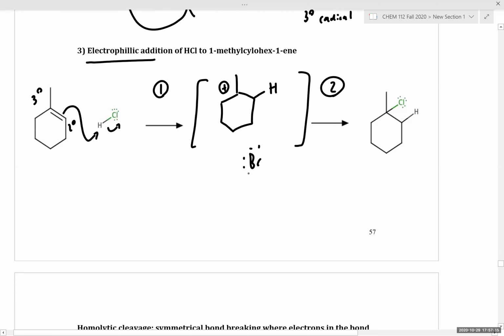Now, since we have a nucleophile floating around, to form our carbon-chlorine bond, we simply attack our carbocation. And as we discussed previously, this first step is our rate limiting or selectivity determining step.